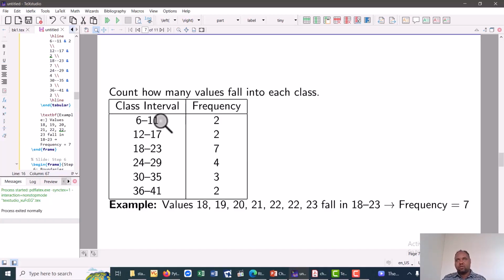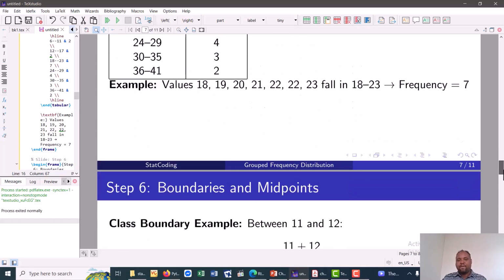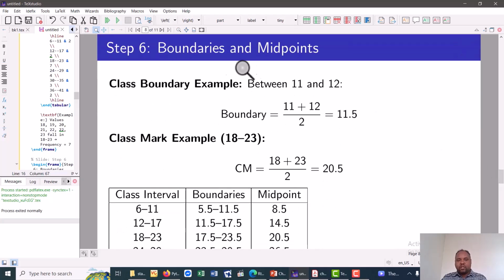This is the unit of measurement. The objective of constructing class boundaries is to eliminate that gap. In doing so, we subtract 0.5 from the lower class limit of each class, and we add 0.5 to the upper class limit of each class.